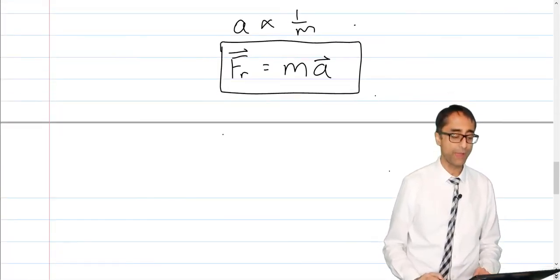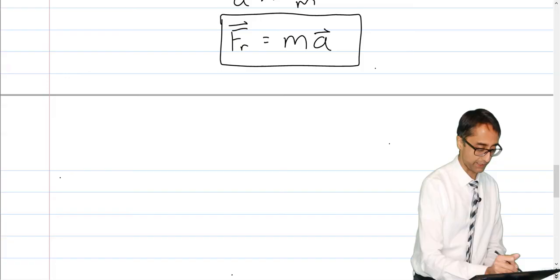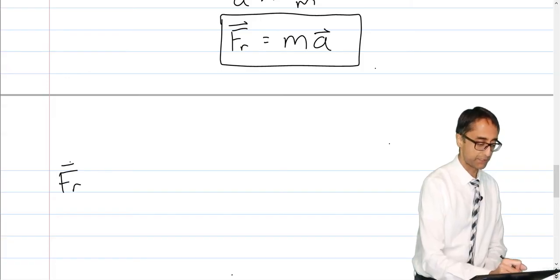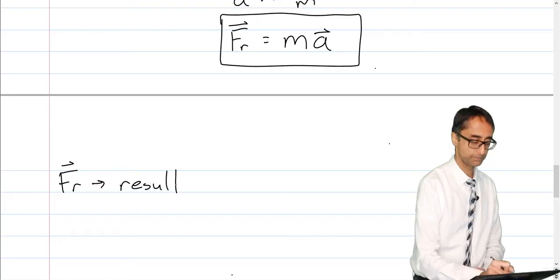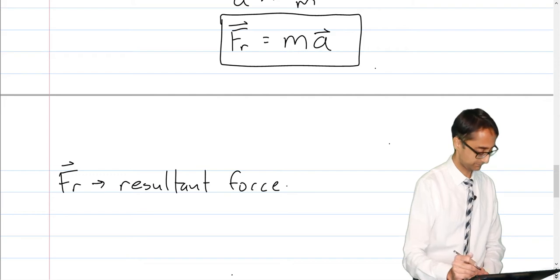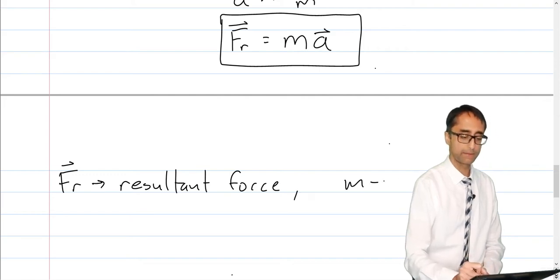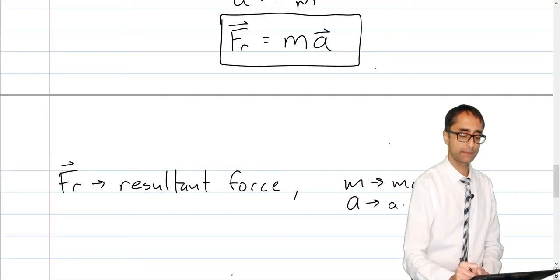It is what happens when you add all the forces on an object up. So this is our resultant force. M is mass, and A is acceleration.